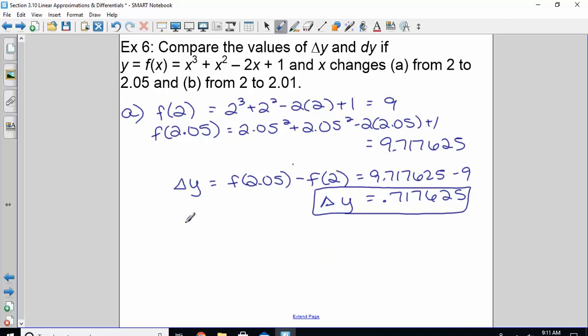dy is an approximation to that using the tangent line. So we said dy is f prime of x times dx. What is f prime of x?